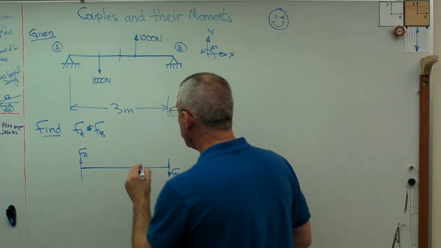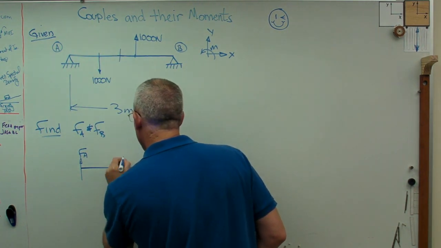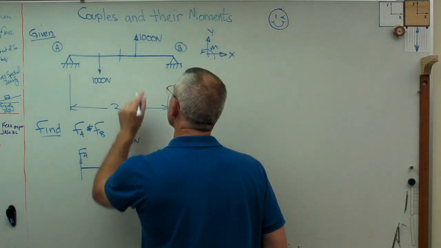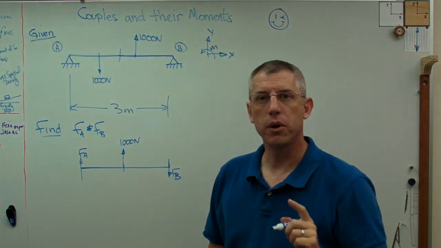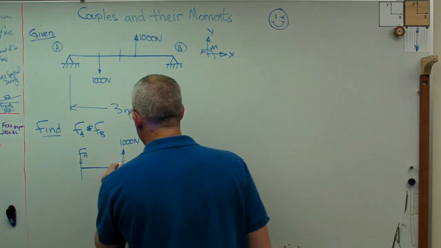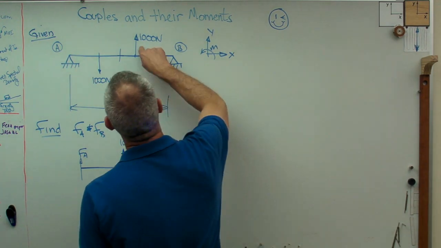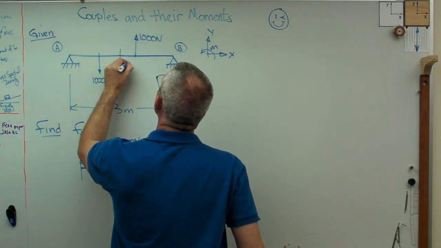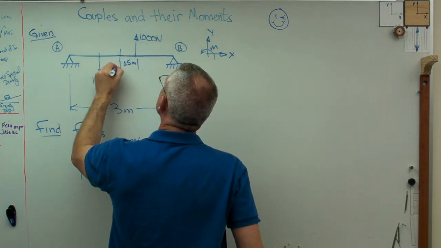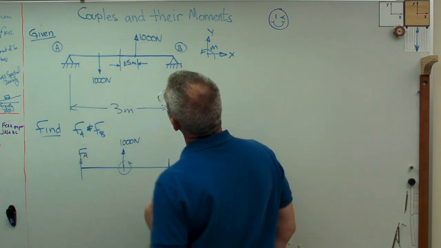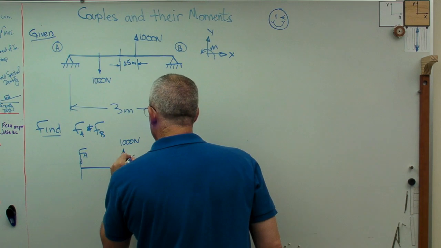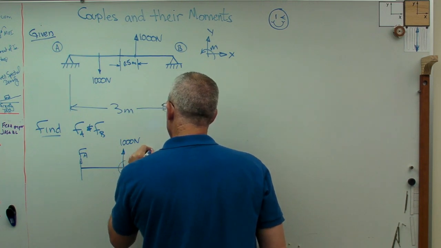And at the very center, I'm going to replace that with 1,000 newtons, which is the same as I had before, but I'm going to add a moment to account for the fact that I moved this over. Now this distance right here is 0.5 meters from there to there. So I've got 500 Newton meters.